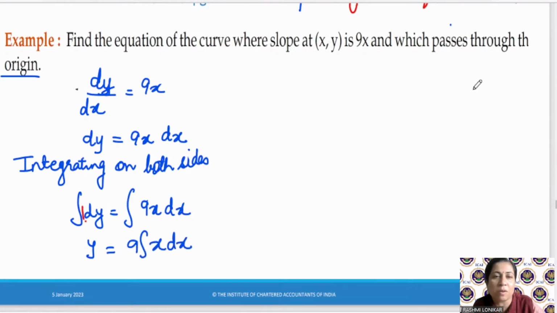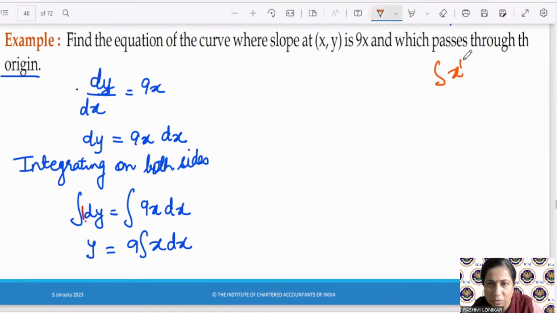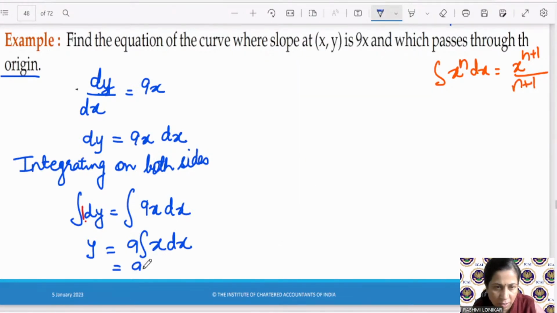What is the formula I'm going to use? Integral of x raised to n dx is equal to x raised to n plus 1 upon n plus 1. So how much will this be? This will be equal to 9x square upon 2. y is equal to 9x square upon 2.